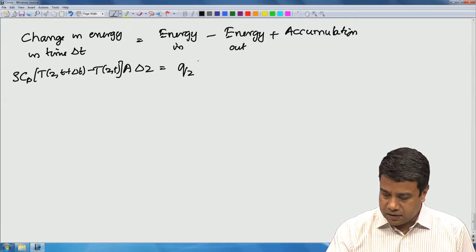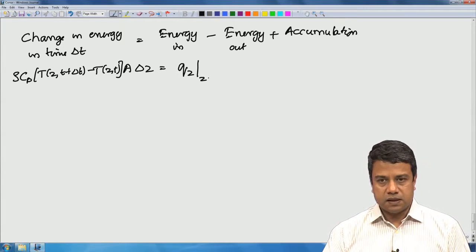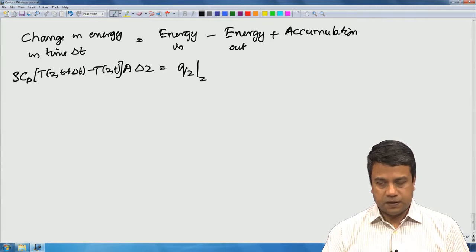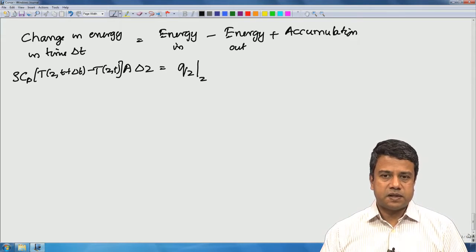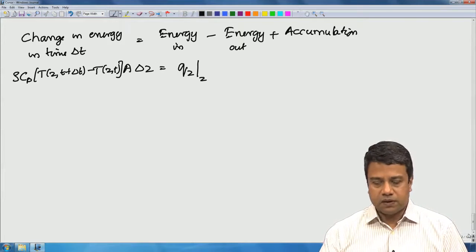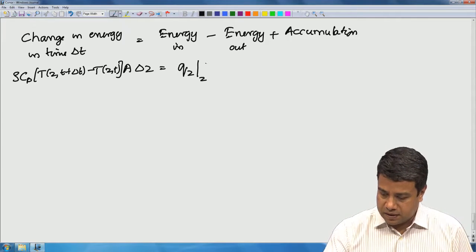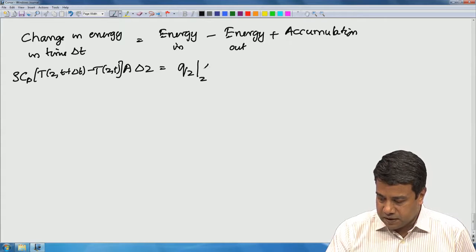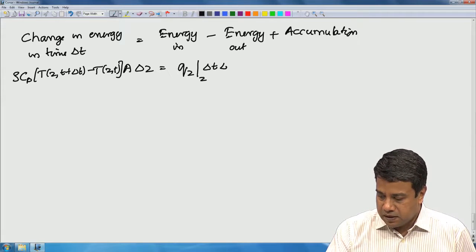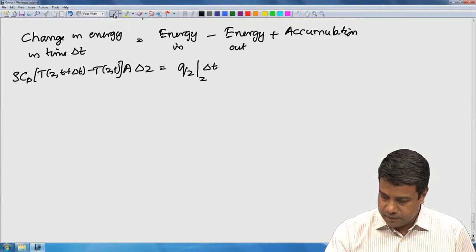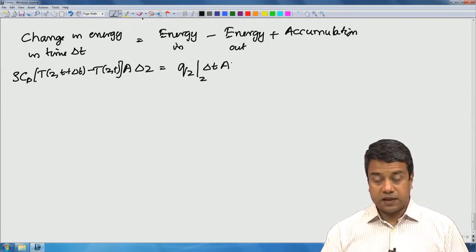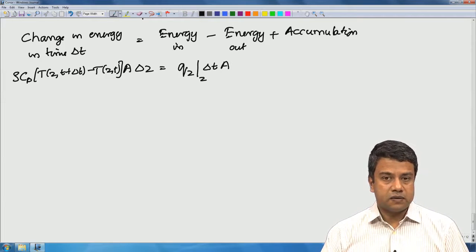Energy in: the flux is energy per unit area per unit time. Therefore, the flux at the location z times the area times the time interval is going to be equal to the energy that is coming in at the location z. So, it is going to be equal to the flux times the time interval times the area. That is the energy that is coming in at the location z.